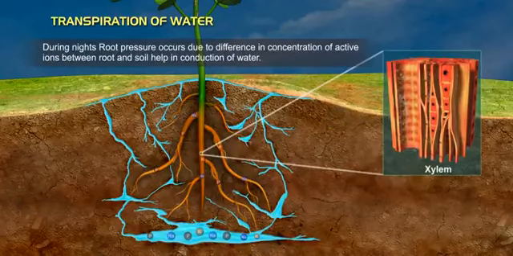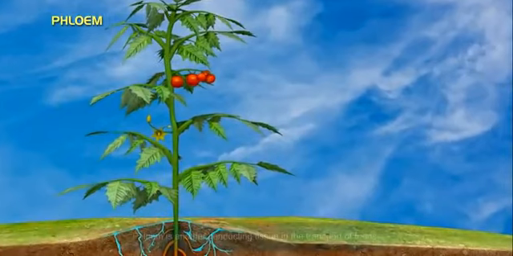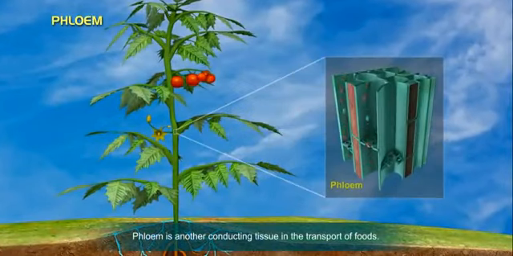During nights, root pressure occurs due to difference in concentration of active ions between root and soil, and helps in conduction of water. Phloem. Phloem is another conducting tissue in the transport of foods.